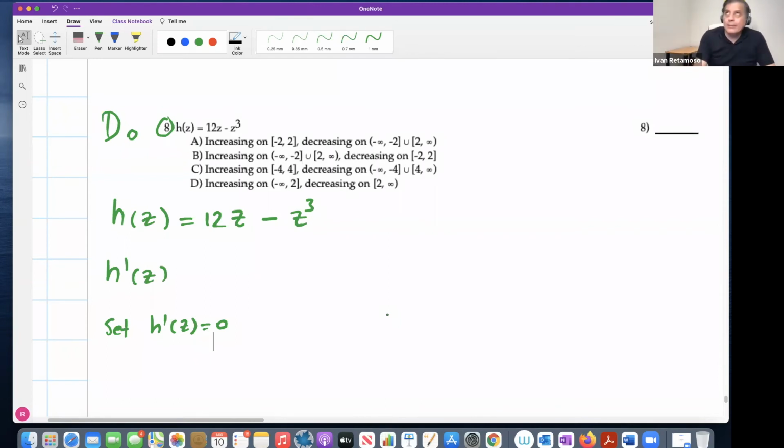And if 0 is available for you to use as a test point, use it, because evaluation at 0 is easy to compute.